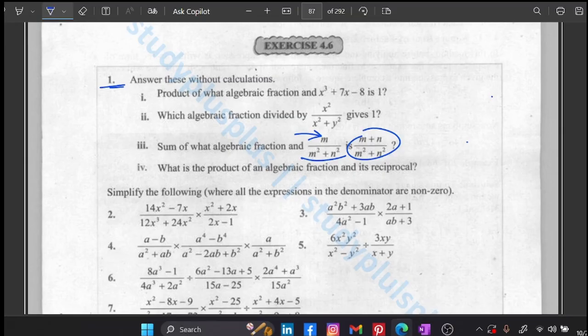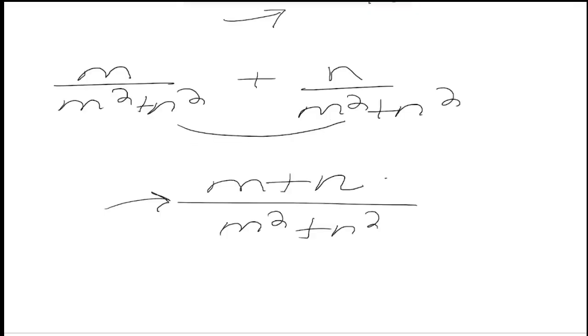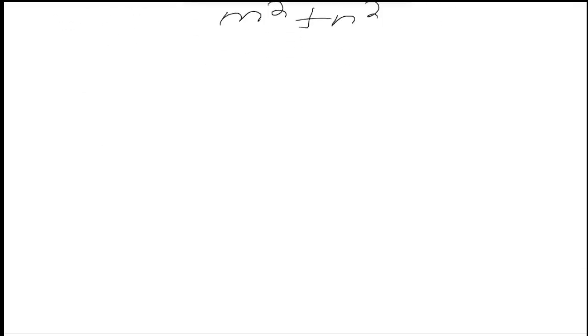Move on to part 4. What is the product of an algebraic fraction and its reciprocal? They're basically asking if we have an algebraic fraction, let's suppose it is x or any numeral like 7, 5 or whatever, and we need to find its reciprocal. So what will be its answer? Suppose the algebraic fraction that I have is x and I take its reciprocal, so that means 1 over x.